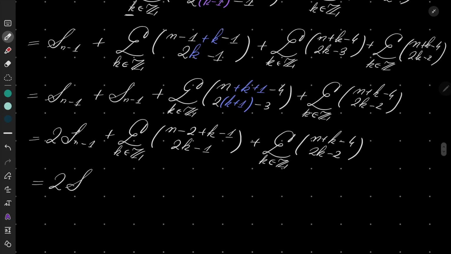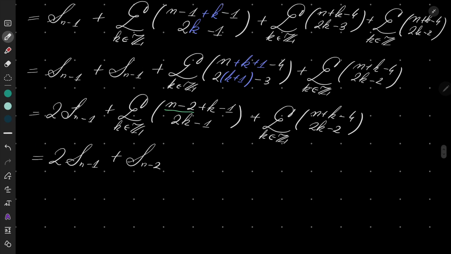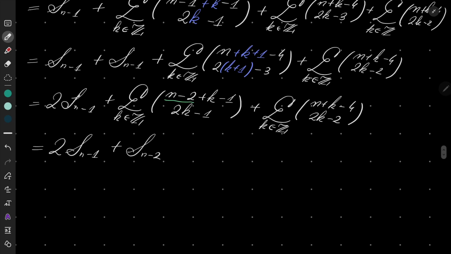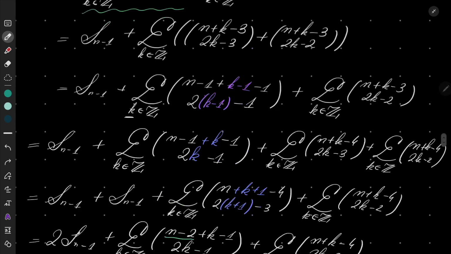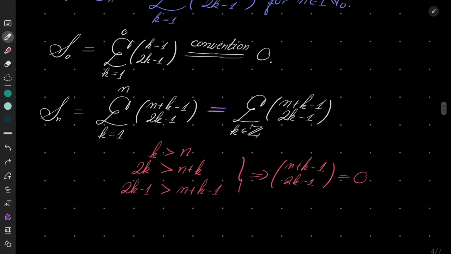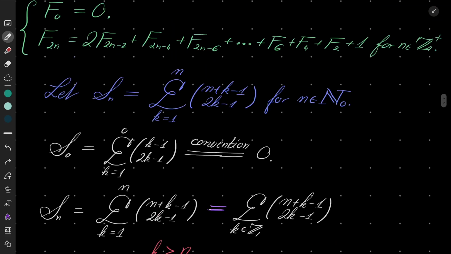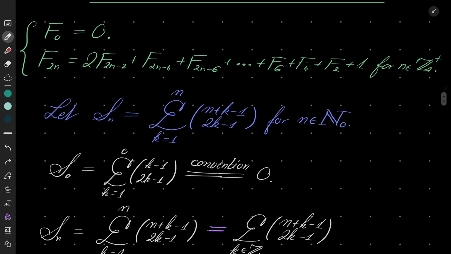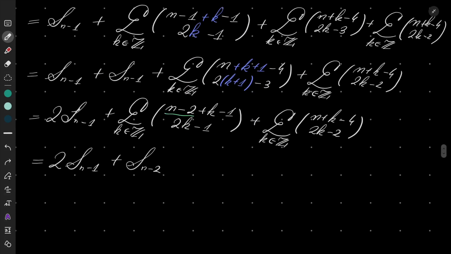So we have 2 times s of n minus 1, and look closely, since we have n minus 2 here, the second sum is s of n minus 2. That's something, because here we have 2 times the n minus first term plus the n minus second term and something else. If you look back at the recursion for the Fibonacci sequence with even indices, a very similar thing is going on. So that should give us hope.